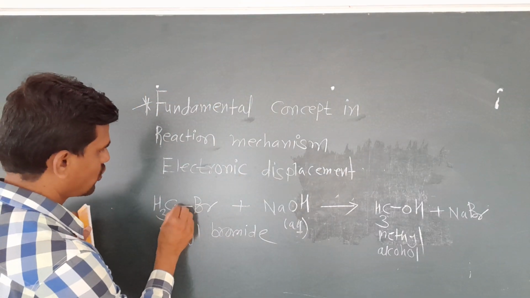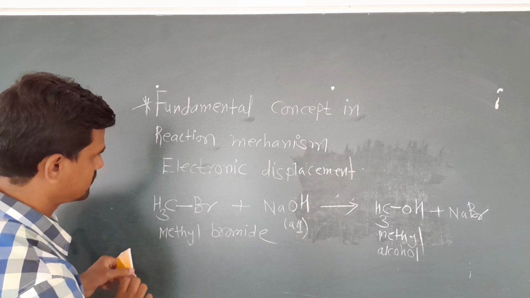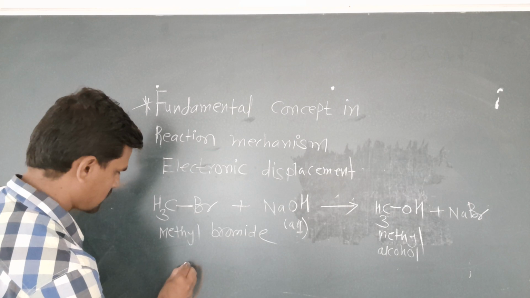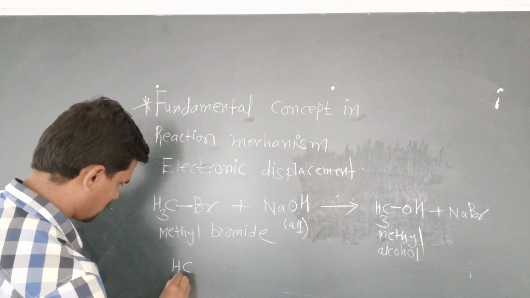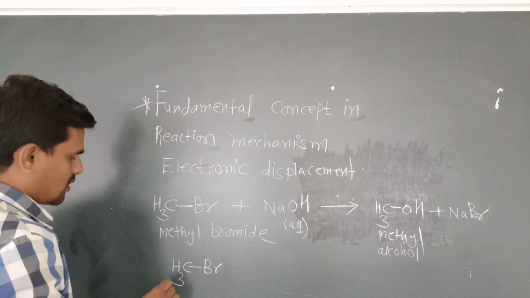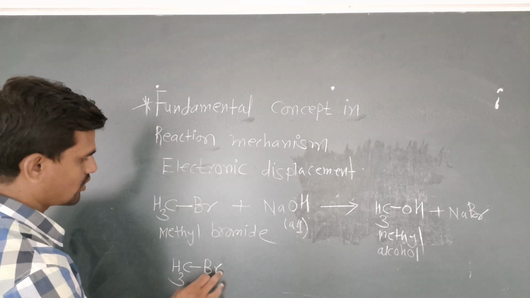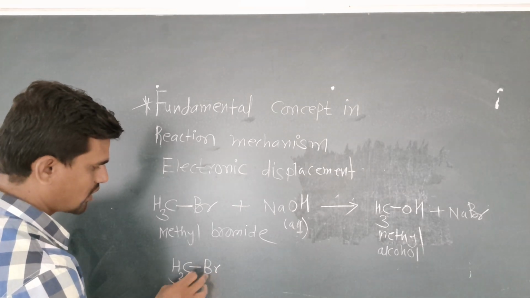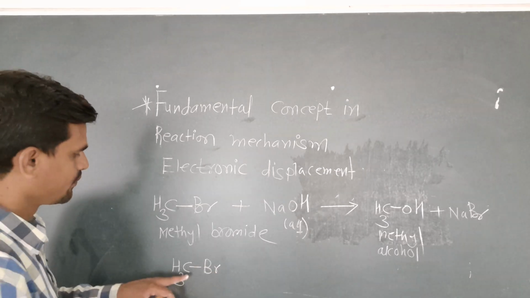In this methyl bromide, the bond present between carbon and bromine atom is a polar bond due to the electronegativity difference of bromine and carbon.